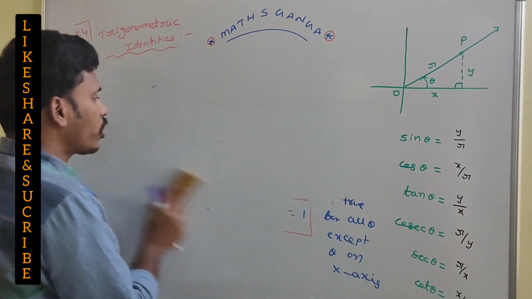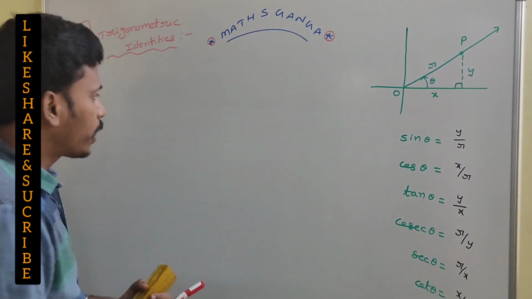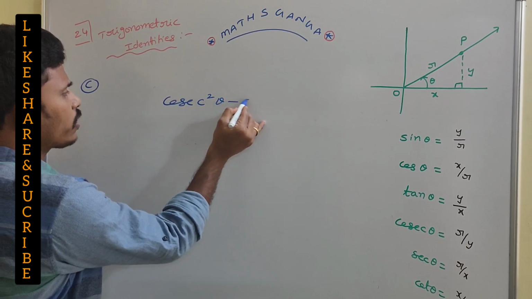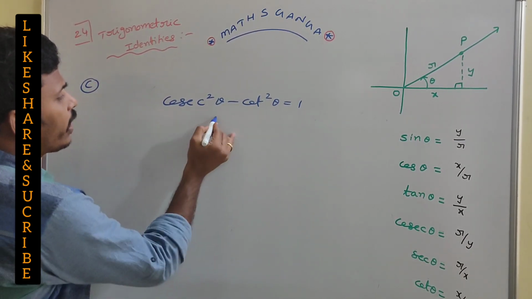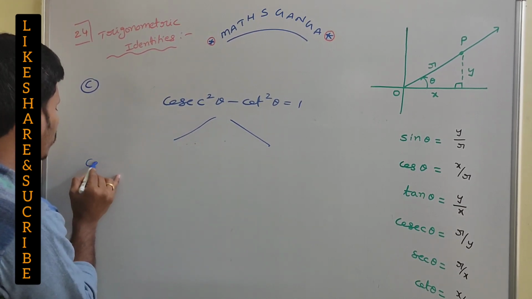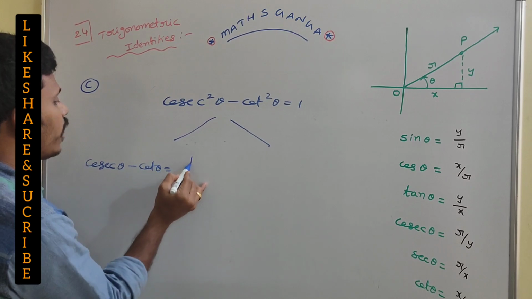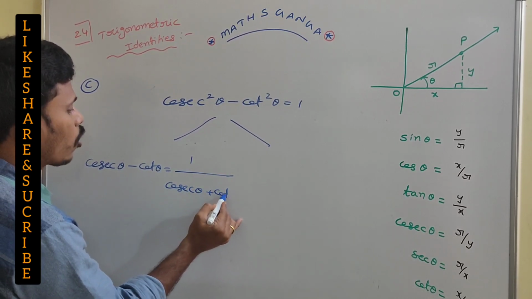Cosecant square theta minus cot square theta is equal to 1, and again we have the chance to rewrite it as per the requirements. If you rewrite it in one case, as we discussed previously, cosecant theta minus cot theta is equal to 1 divided by cosecant theta plus cot theta.